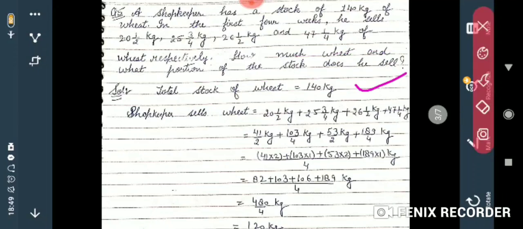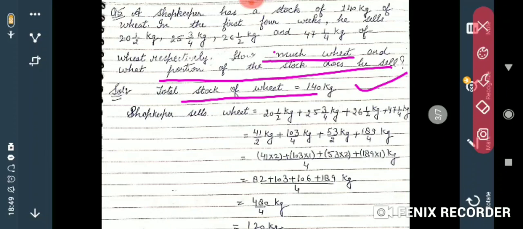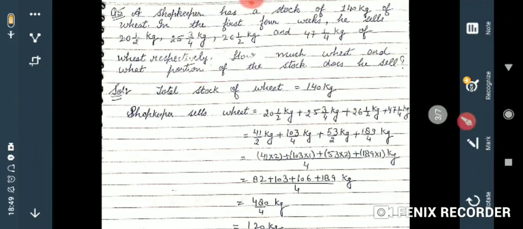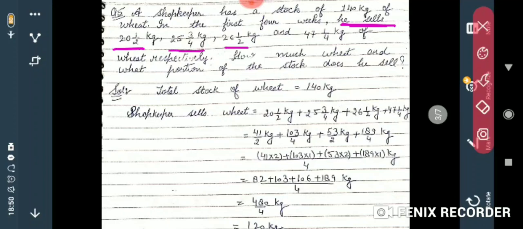Then, as in the question, the total stock of wheat is given, 140 kg. So first you have to find how much wheat is sold by the shopkeeper. So how much sold means 21/2 kg, 25 3/4 kg, 26 1/2 kg and 47 1/4 kg.